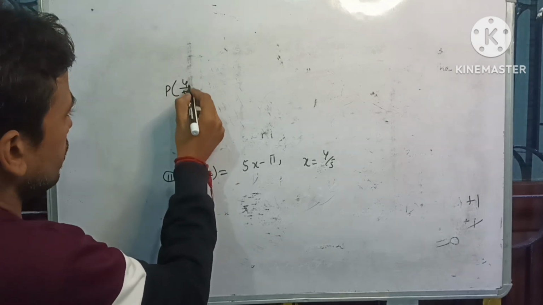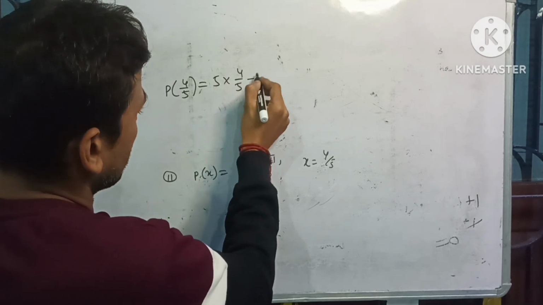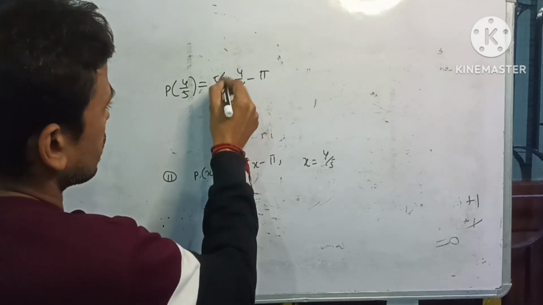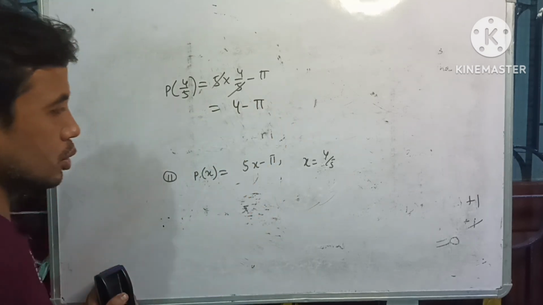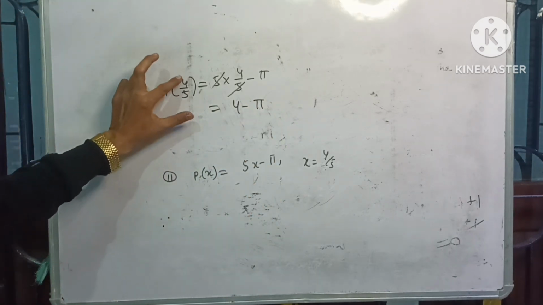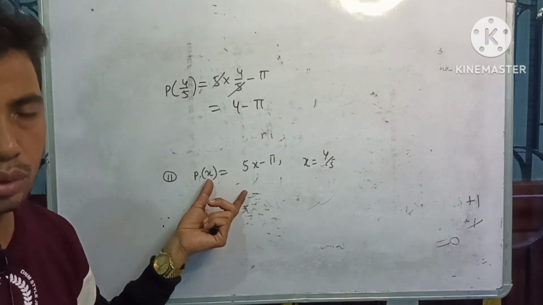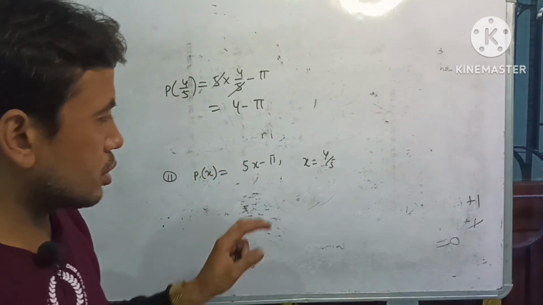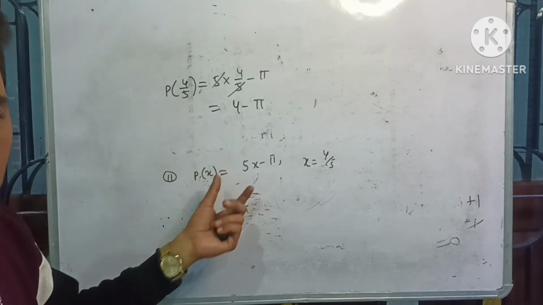P(4 by 5). What we get? 5x into 4 by 5 minus 5. So we can cancel 5. So we get 4 minus 5. So we see for 4 by 5, this polynomial does not equal 0. So by definition, x is equal to 4 by 5 cannot be a zero of this polynomial.